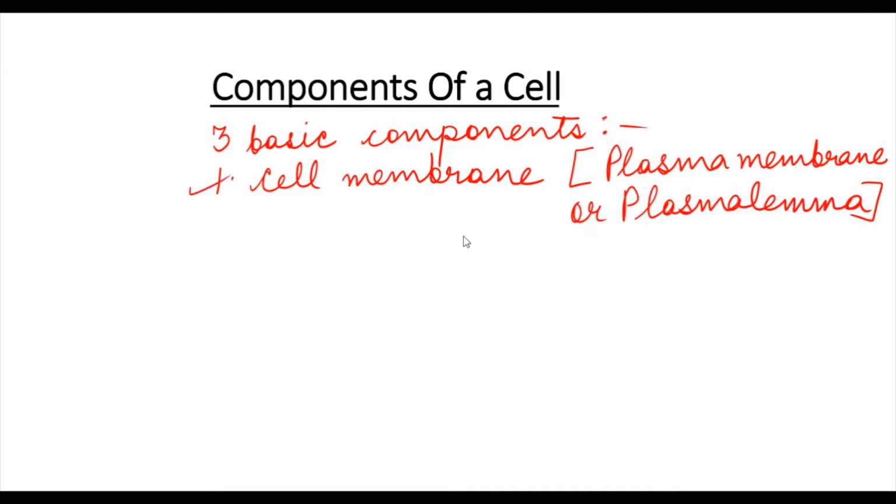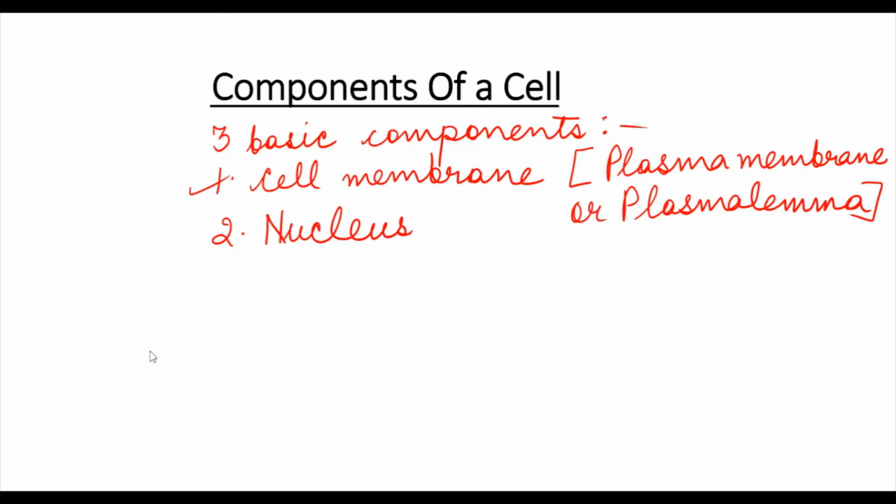So first part, cell membrane. Second is what, beta? Second is the brain of the cell or the controlling center of the cell, which is known as the nucleus. Why is it called so? Because it controls all other parts of the cell, as it contains the hereditary material called DNA, that is deoxyribonucleic acid.